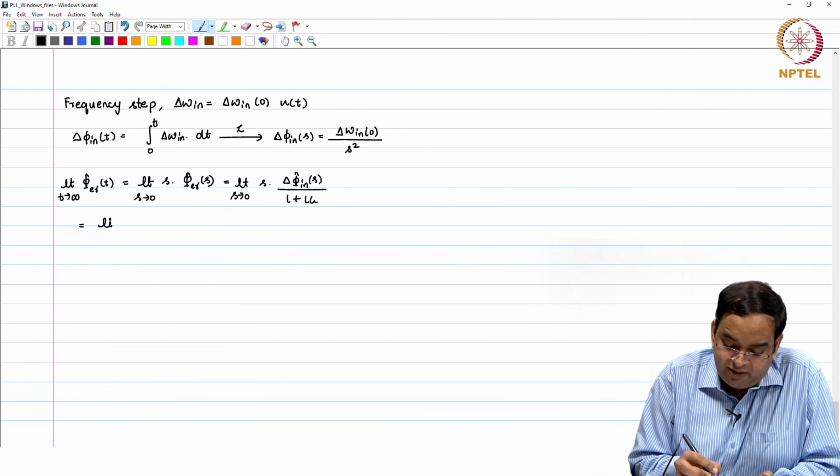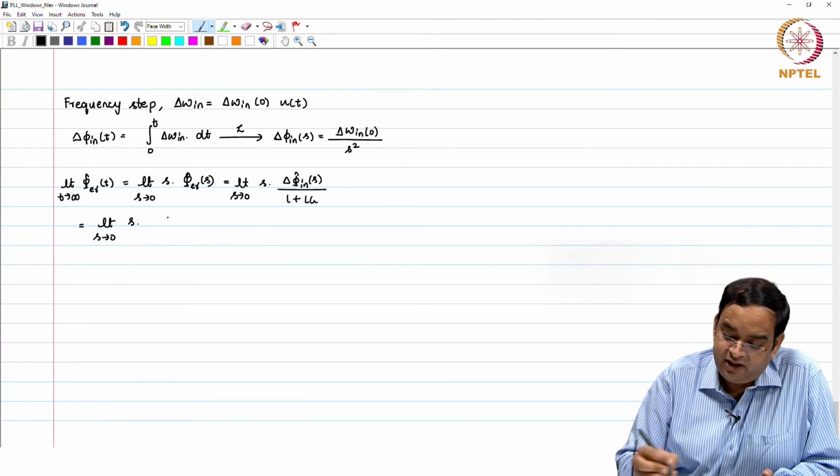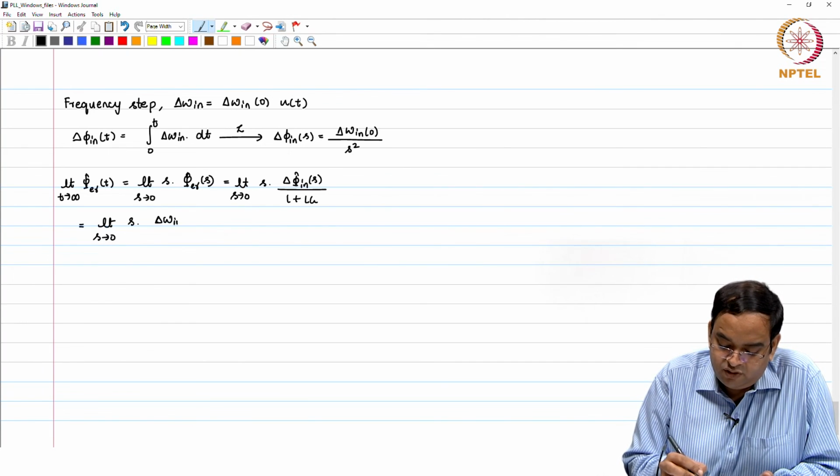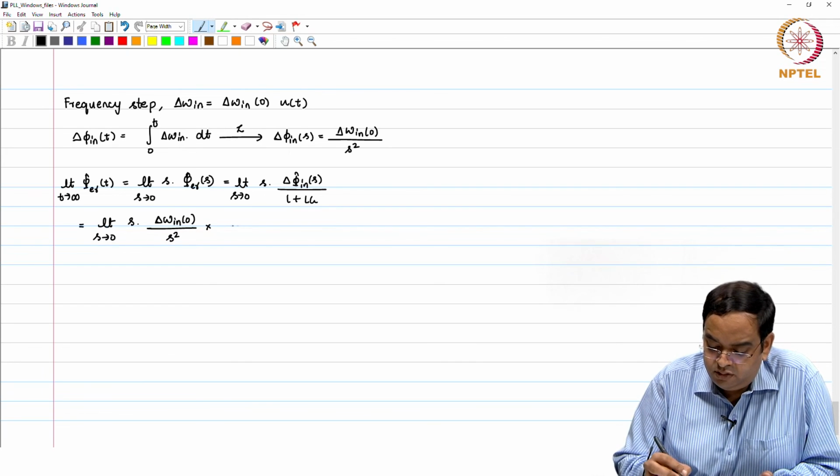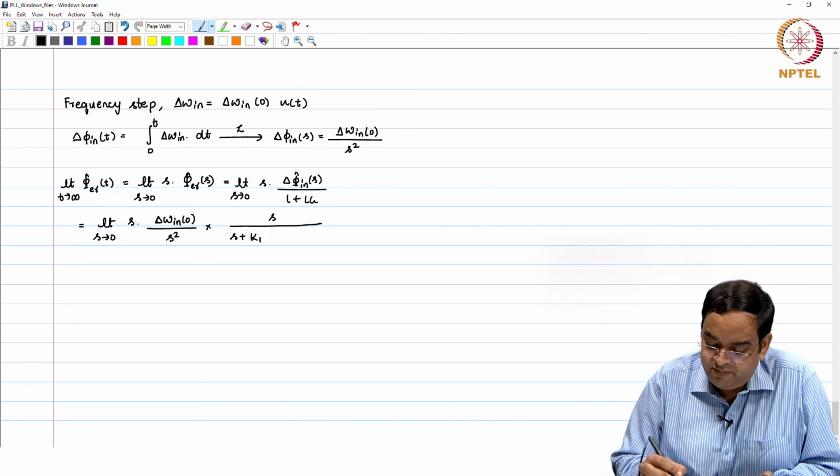I will substitute the parameters for 1 by 1 plus loop gain directly here. This s times delta phi in of s is nothing but delta omega n 0 divided by s square, into s times s plus Kpd KVCO times loop filter of s.